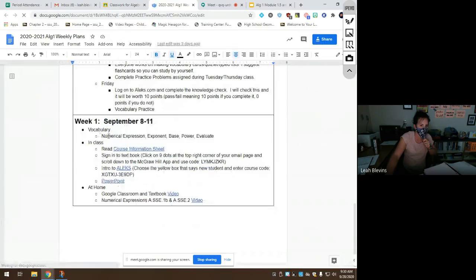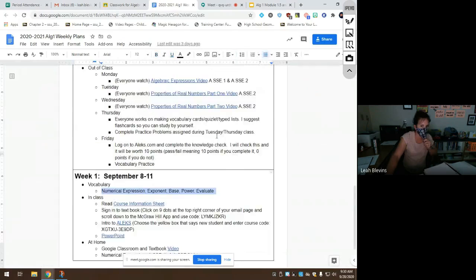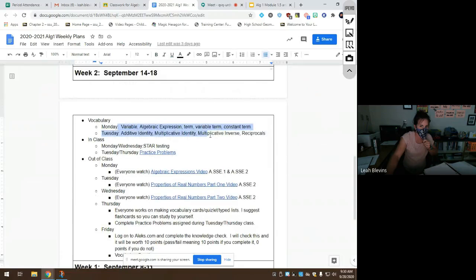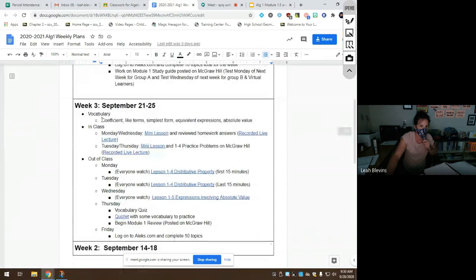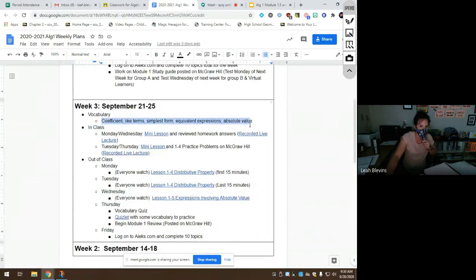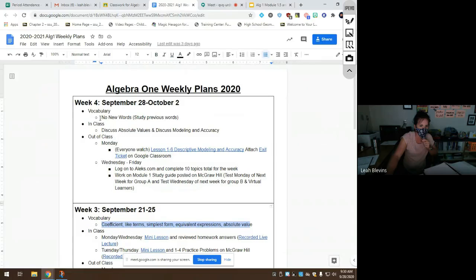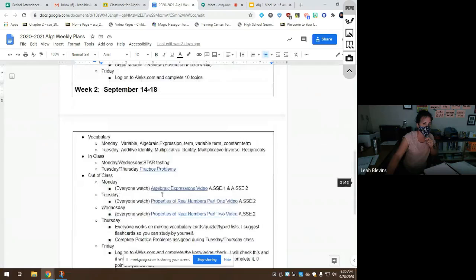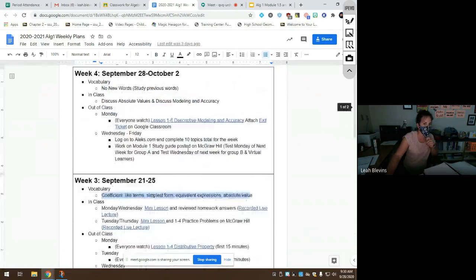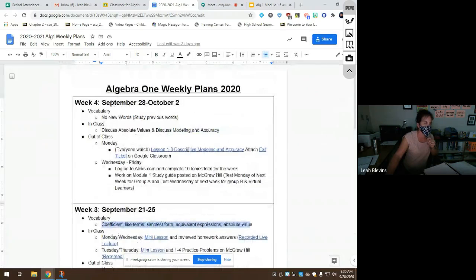So I scroll down. Here's some vocabulary words. Here's vocabulary words. Here's vocabulary words. And then there's no new ones for this week. So I would highly recommend looking those up and practicing those. Make sure that you know them for your chapter test, which will be next week.